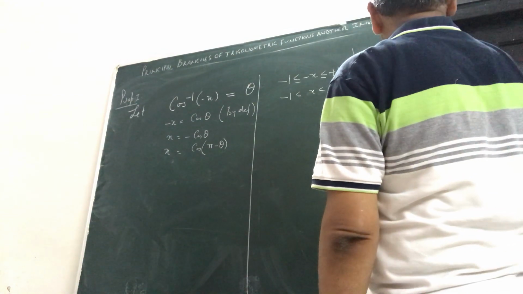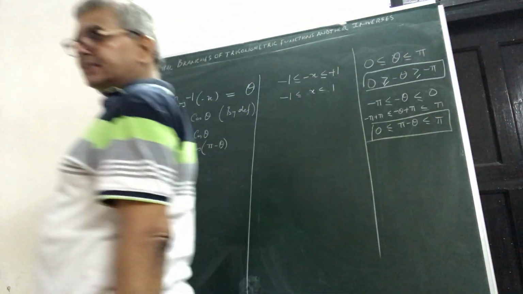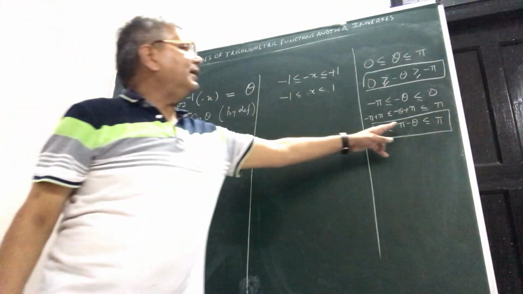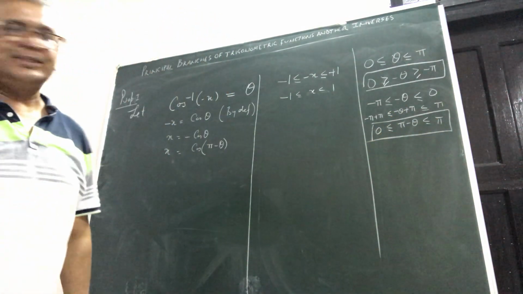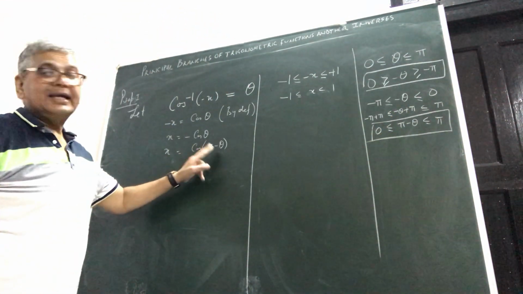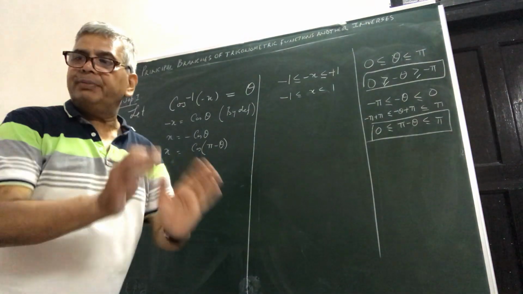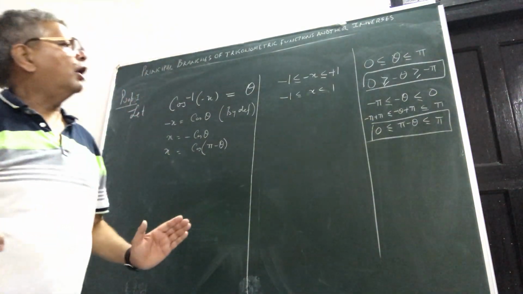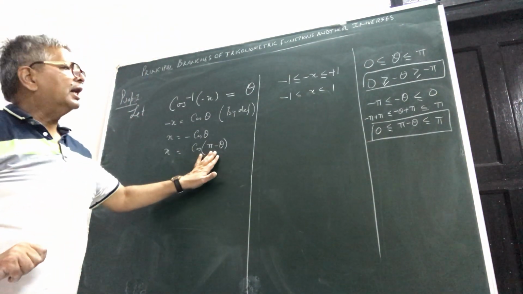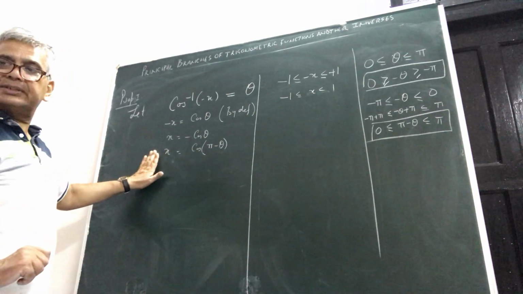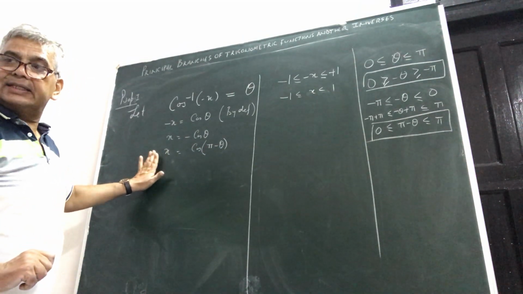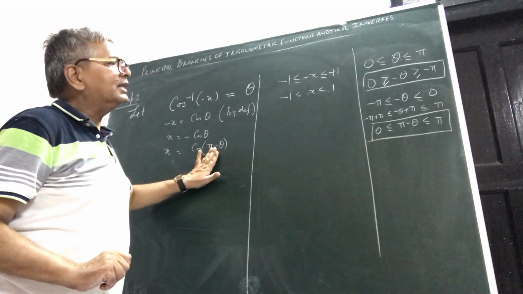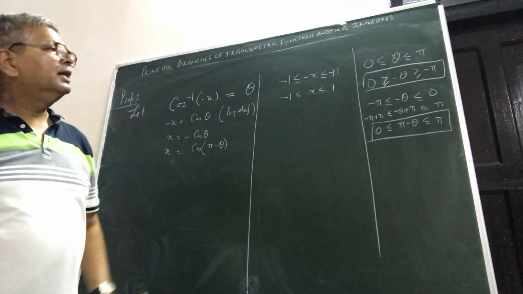See, this is the analysis which you need to understand. That pi minus theta will again come in the principal branch, 0 to pi. If pi minus theta would not have been in the principal branch of the function, because we will be taking cos inverse x, it has to be within the principal branch of cos, 0 to pi.